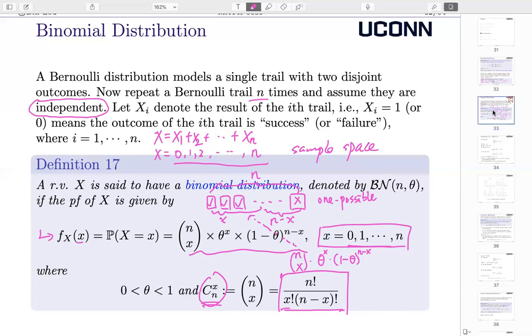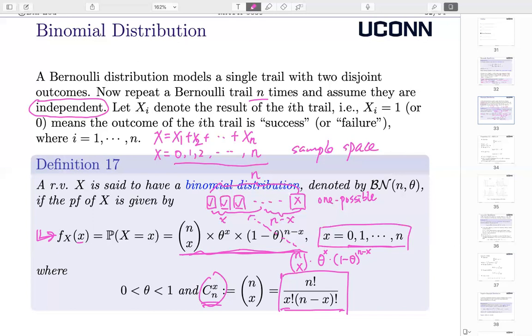Nevertheless, the textbook just gives this as a definition. In the textbook, a binomial random variable is defined this way: if x is a binomial random variable, then the probability function of x is defined by this formula. They treat this as a definition, but I just gave you the mathematical deduction behind this formula.